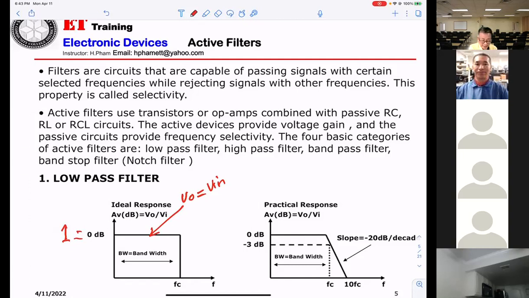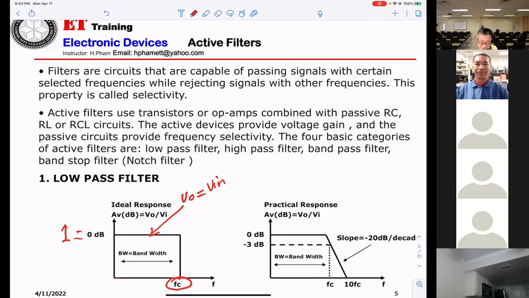And this is the bandwidth from 0 up to what we call the cut-off frequency. That is the bandwidth. That means they allow the signal to get through the filter. The other signals at a different frequency, they try to reject.